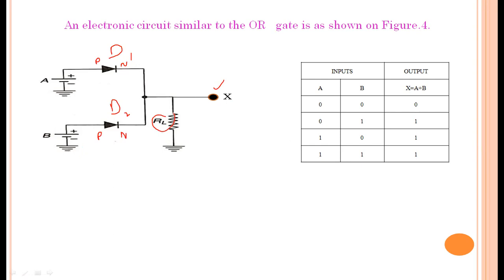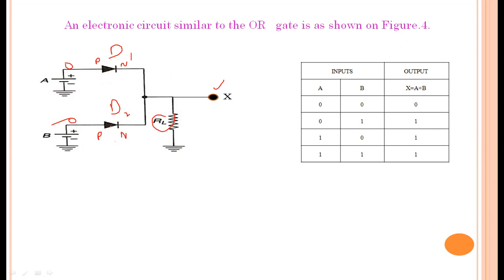Now, how can we explain this? It acts as an OR gate. If A is equal to 0 and B is equal to 0, that is nothing but 0 voltage here, and B is also 0 voltage. In such cases, junction diode D1 and junction diode D2 both are in reverse bias.